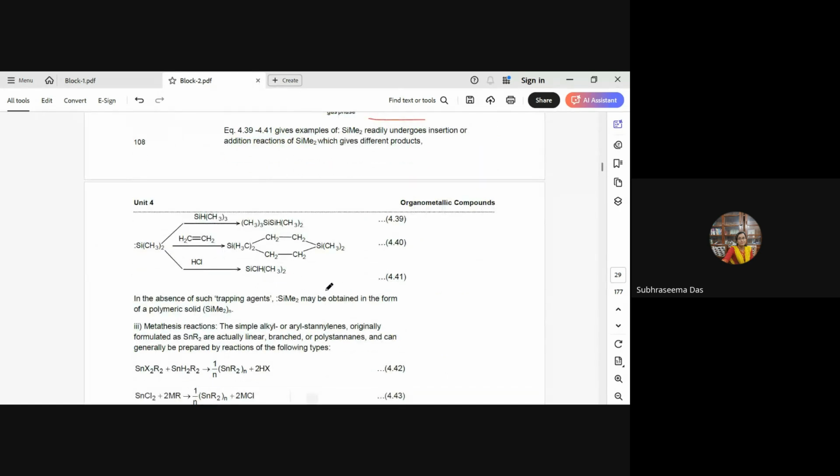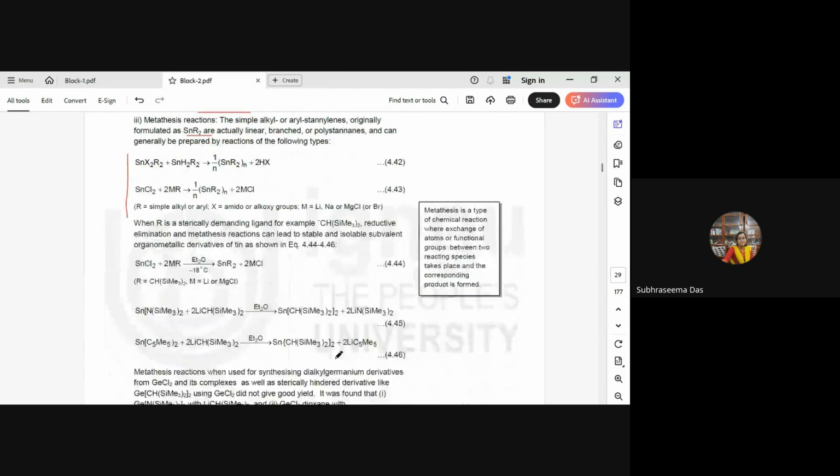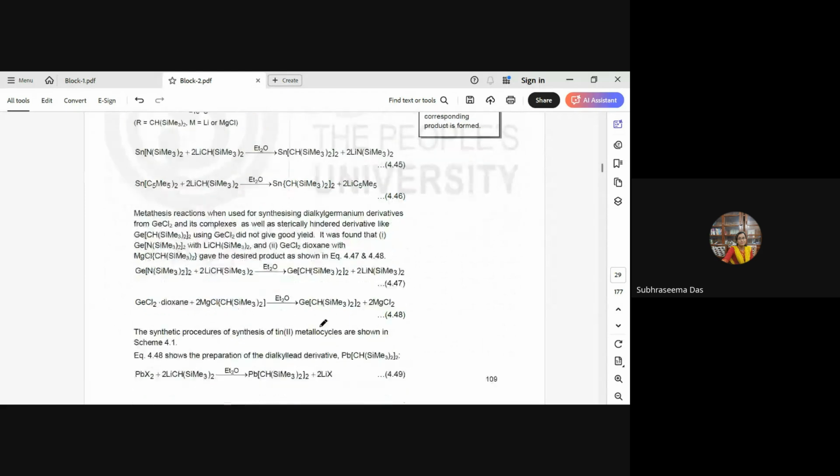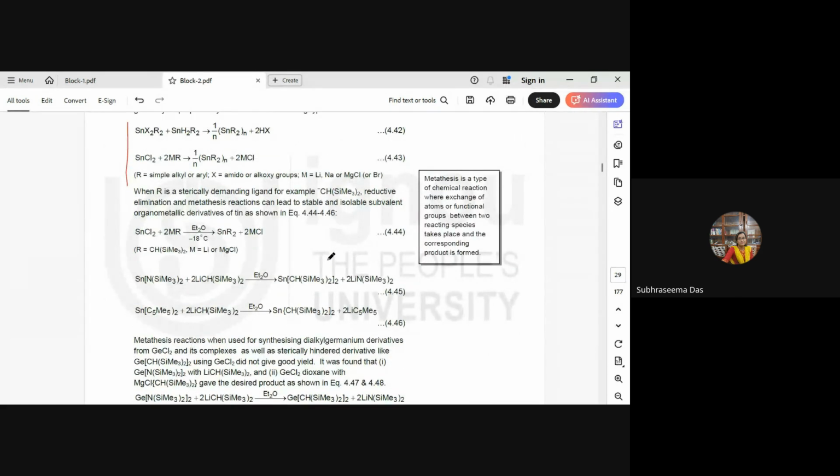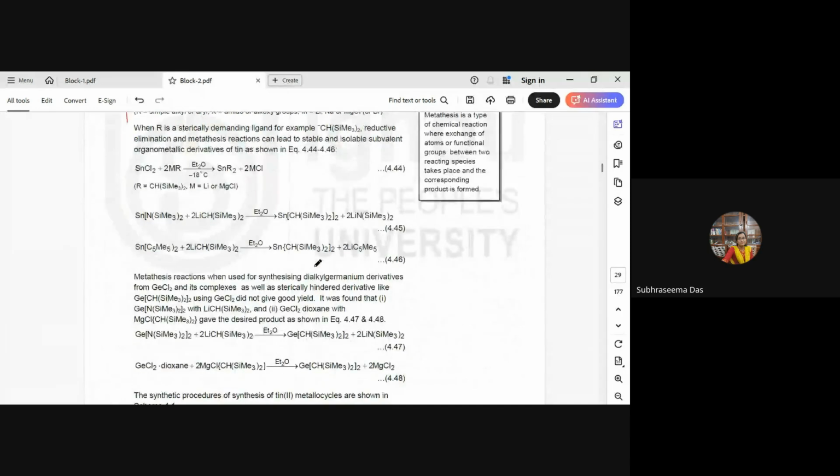In the absence of such trapping agents, SiMe2 can also be obtained from polymeric solids. Then metathesis reactions: the simple alkyl or aryl stannylenes, originally represented as SnR2, can be prepared by reactions of the following types, shown in equations 4.42 and 4.43. These are the metathesis reactions used for synthesizing SnR2 compounds.